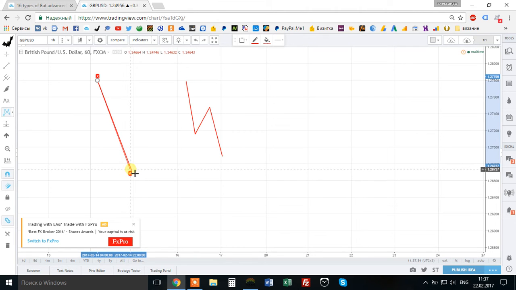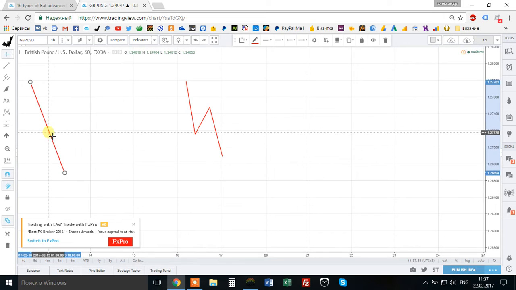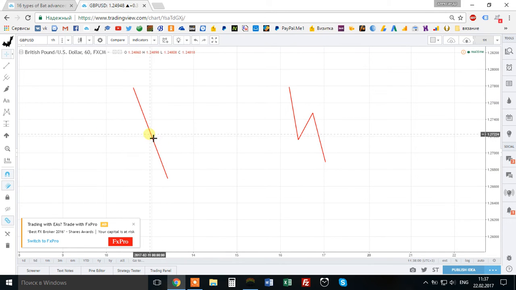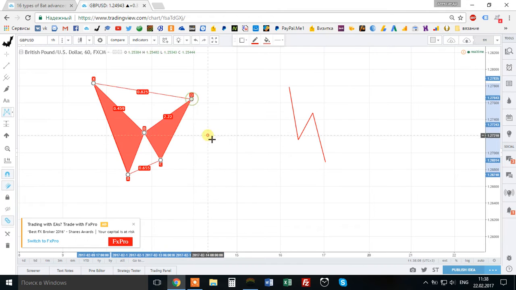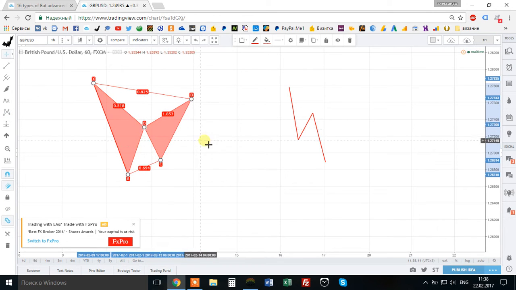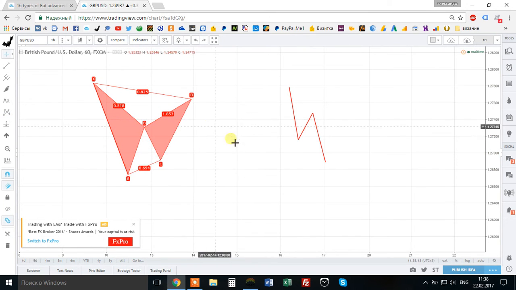Let me draw some pattern here. Let me move that XA a bit here. Let us see. This is a bad pattern. It should be 50 if we say about advanced pattern formation.